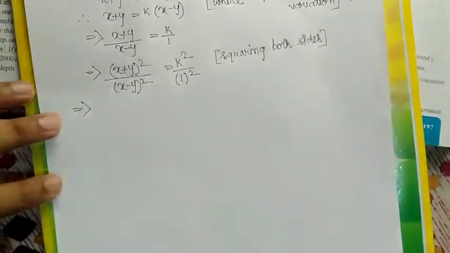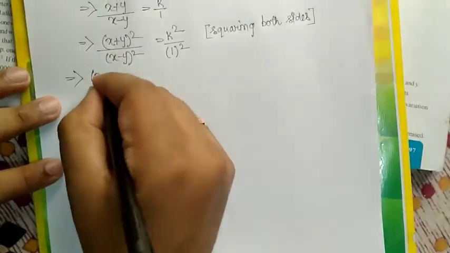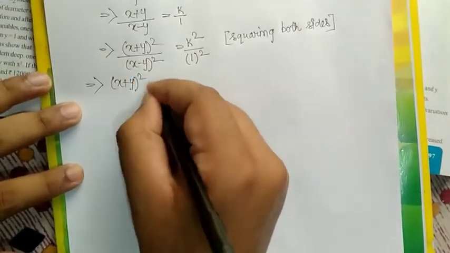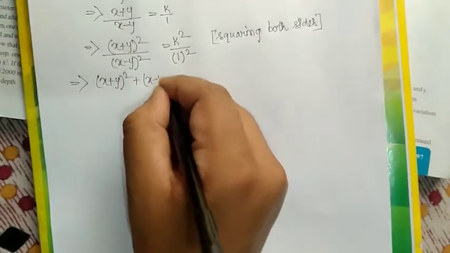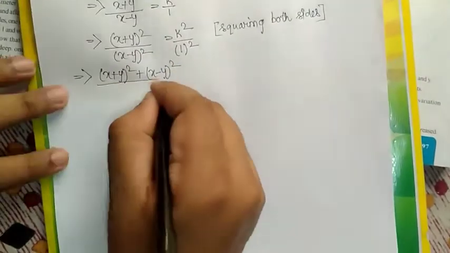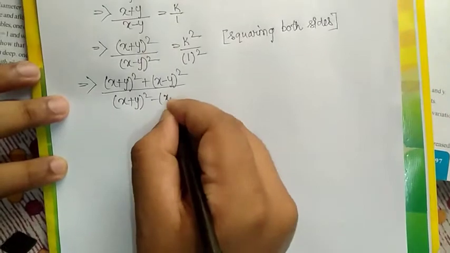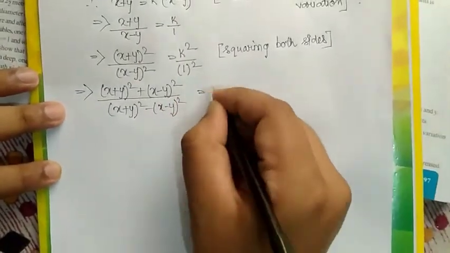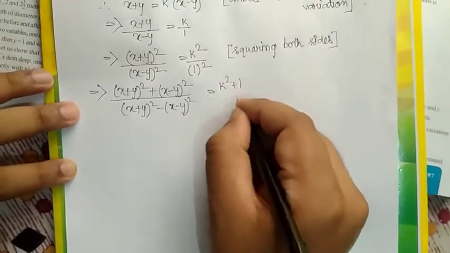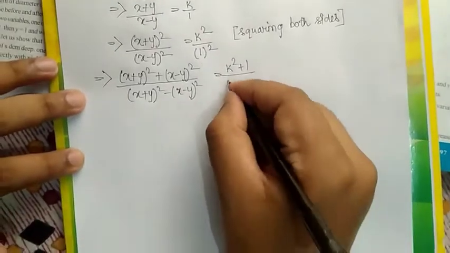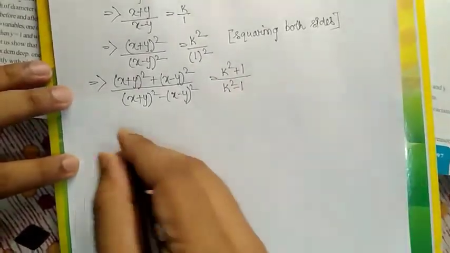After that, using componendo dividendo, we can write x plus y whole square plus x minus y whole square and x plus y whole square minus x minus y whole square equal to k square plus 1 by k square minus 1.